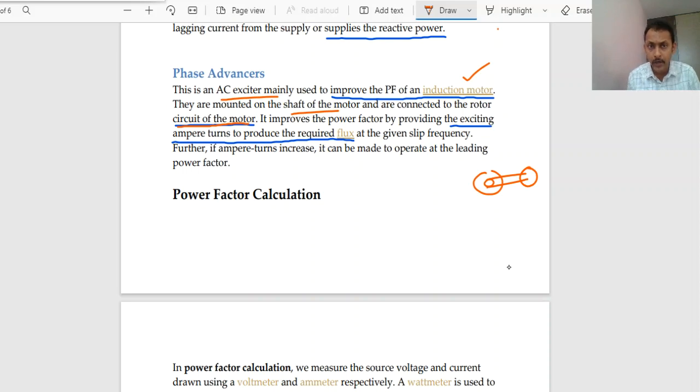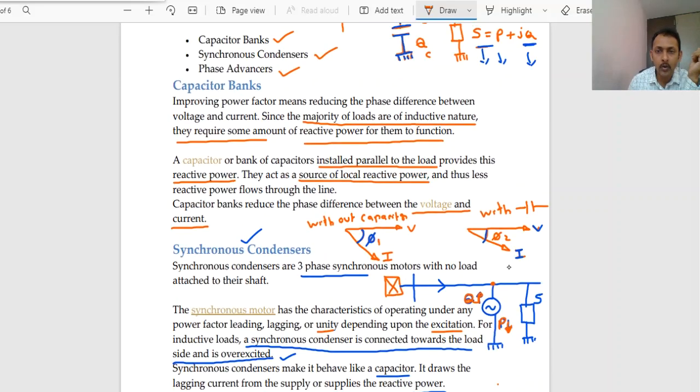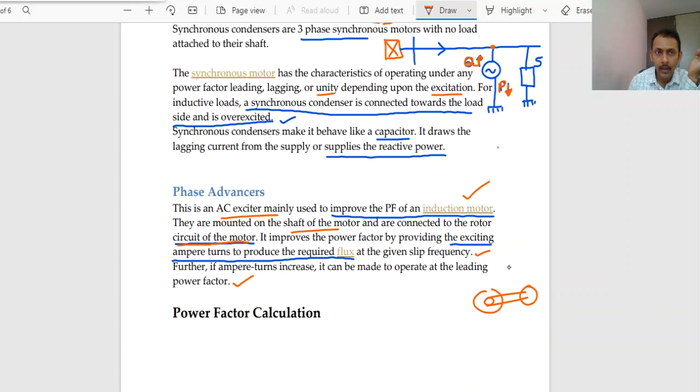It improves the power factor by providing the exciting ampere turns required to produce the required flux at the given slip frequency, and it can be made to operate in the leading power factor mode. So these are the three different methods, using capacitor banks, synchronous condensers and phase advancers, by which we can improve the power factor.